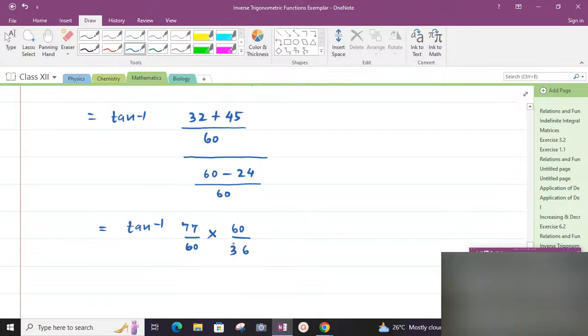Hope there is no problem up to this step. So we cancel out 60 and 60. Then here will be tan inverse 77 by 36. So we write 77 by 36.